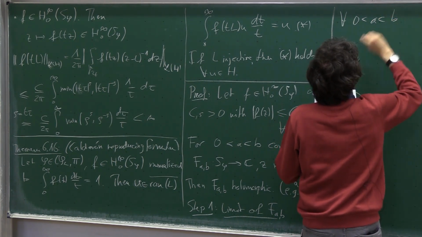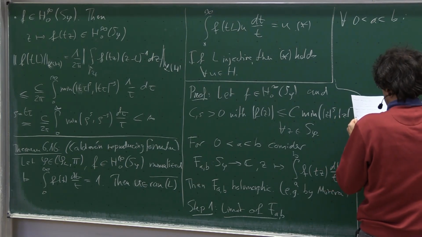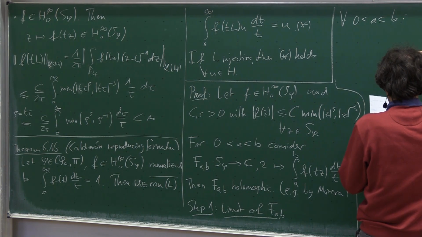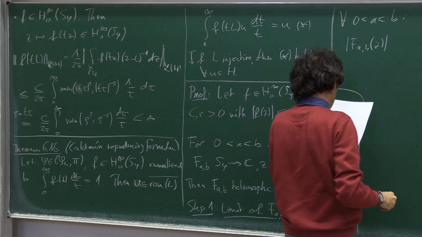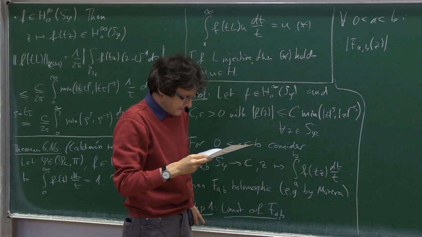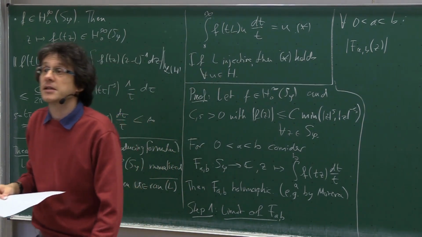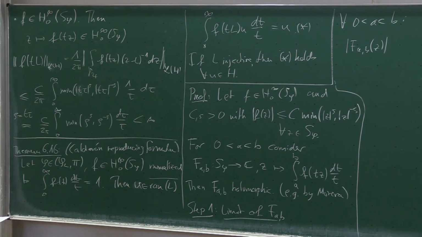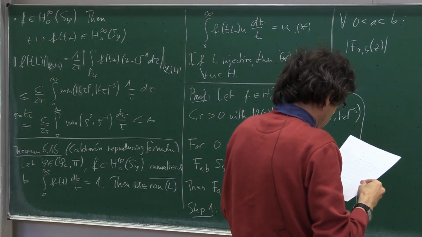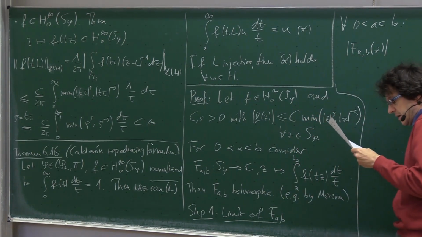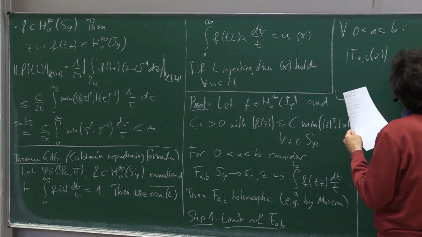So take a and b both positive and b greater than a. And then let's check what happens. What I want to prove is that this is a bounded family of functions in H0 infinity. So let's look at this absolute value.